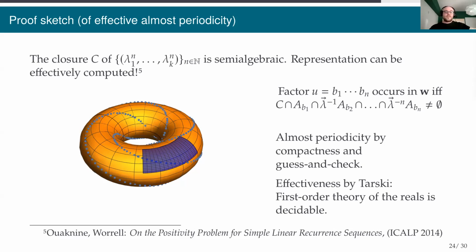And that's the end of this proof of why it's effectively almost periodic. And indeed, that was enough to be able to decide MSO properties of this system.